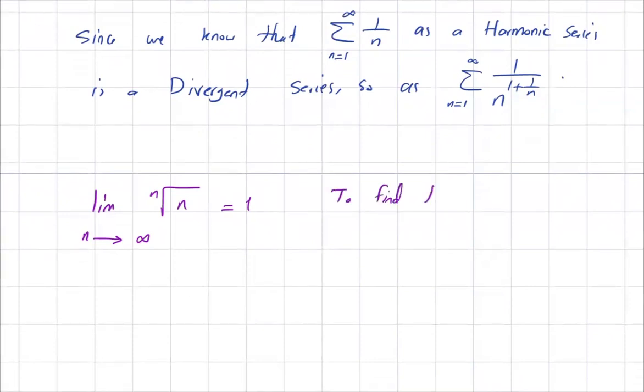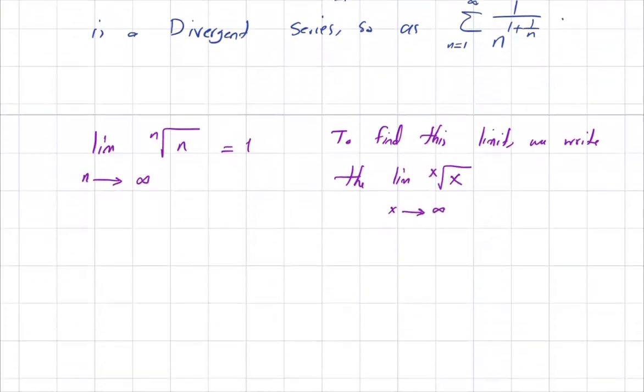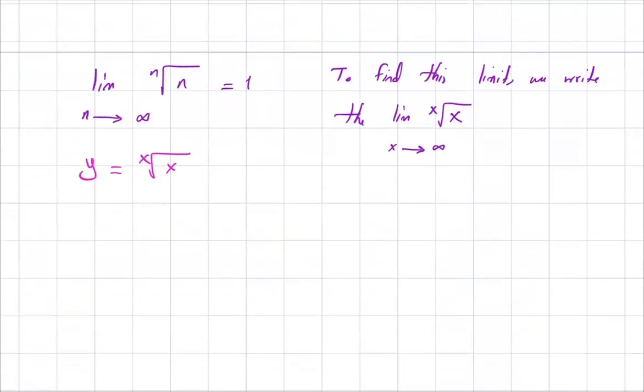To find this limit, we write the limit of the x root of x as x goes to infinity. Now let y be equal to the x root of x. It means that y is equal to x to power 1 over x. Take ln of both sides.